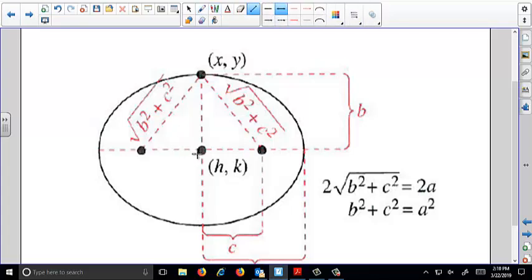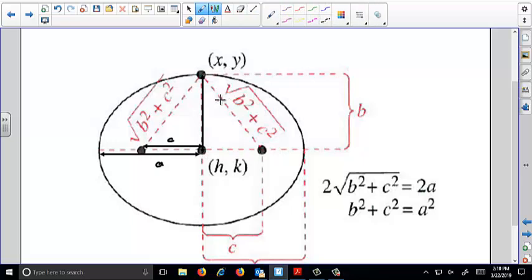The distance from the center to the vertex, that's A. The distance from the center to the focus points is called C. And then the distance from the center to this other point on the minor axis is called B. So that's how we designate it.